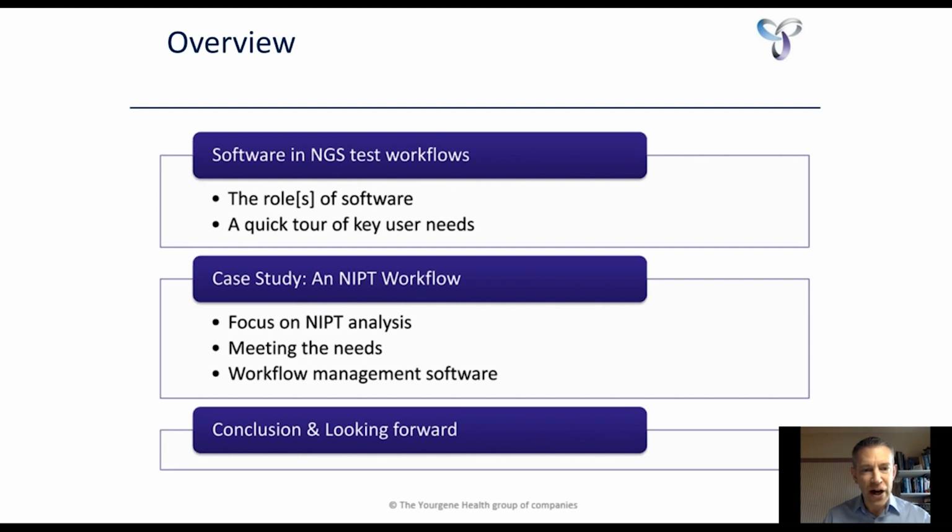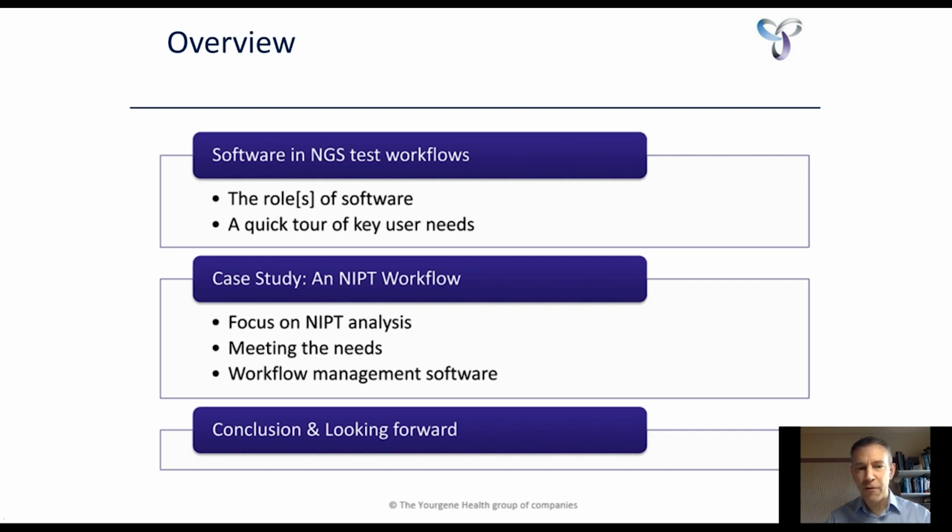So, a brief summary of what we're going to go through. Firstly, I'm going to talk a bit about software in sequencing test workflows in general, the roles of software. We're going to do a quick tour of the key user needs that we find have always come up in this area. And then we're going to go on in part two to a study of an NIPT type workflow.